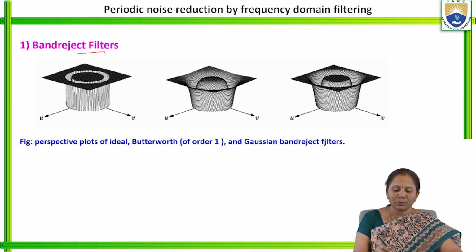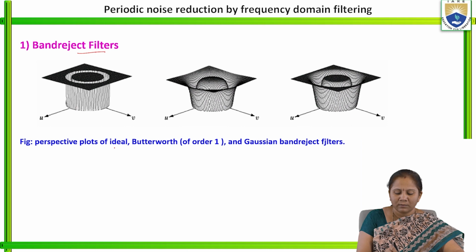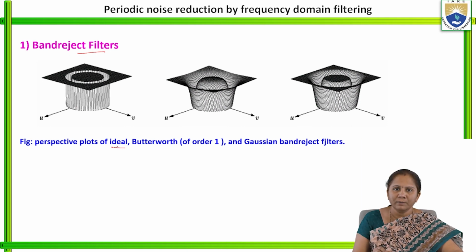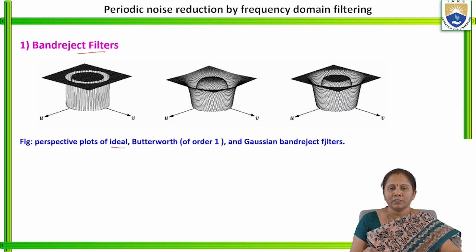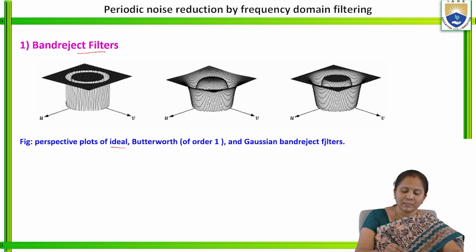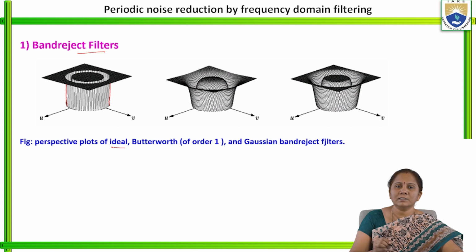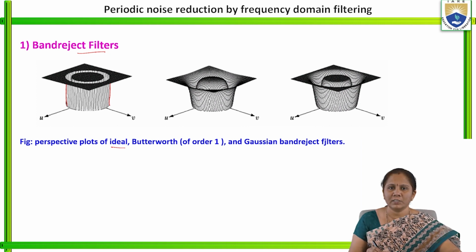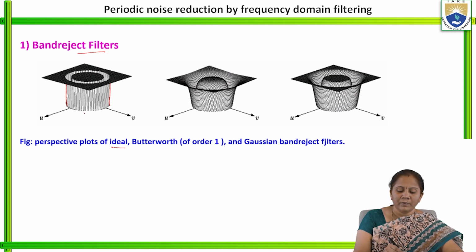The first one is the ideal band reject filter. According to the mathematical expression we have seen, it has a sharp transition, and here also we can see a sharp transition in this three-dimensional representation.